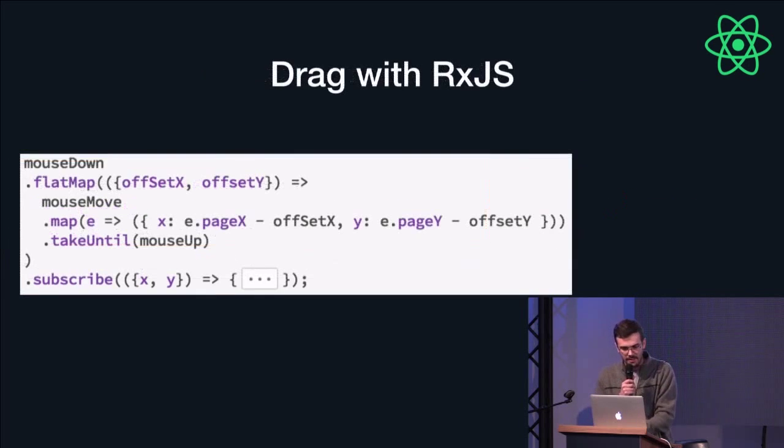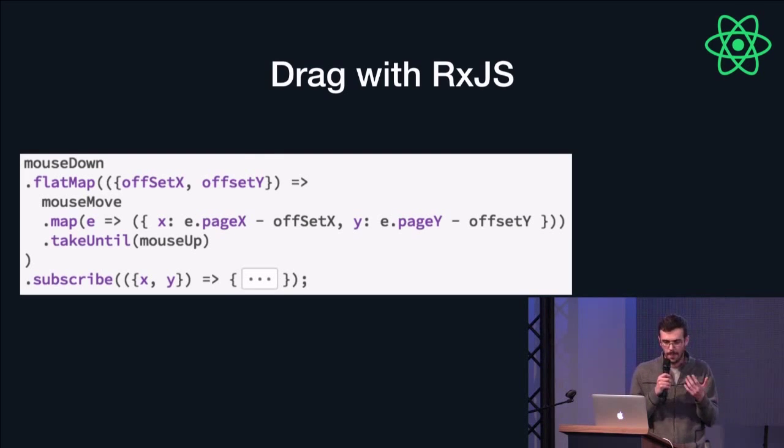If we look at our drag component, here again, we have an observable of mouse down events. Each time the user mouse downs, it will push a new value.